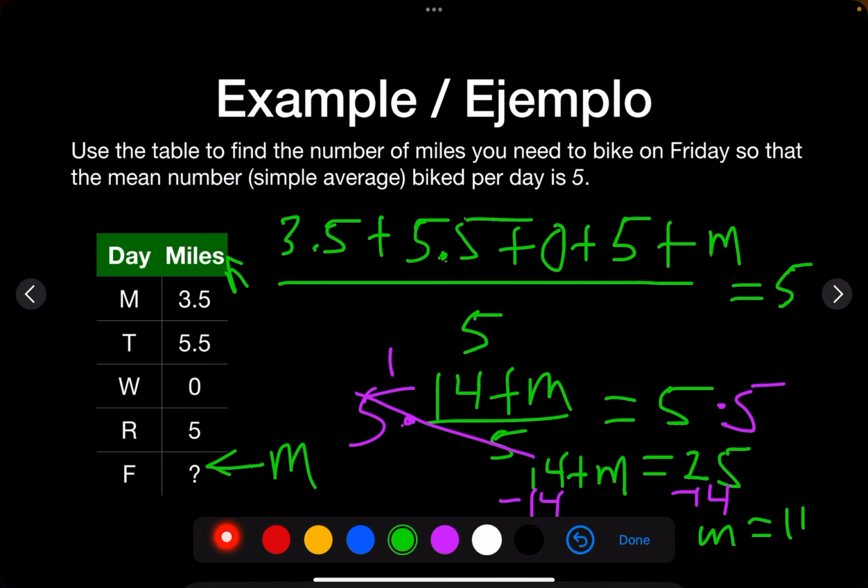So 11 miles, mi for short, is how many we need to bike on Friday in order to average a distance of biking 5 miles per day. So that's a neat trick that you could also use for, like, hey, what do I need on the last grade of the marking period to get a certain average on your report card?